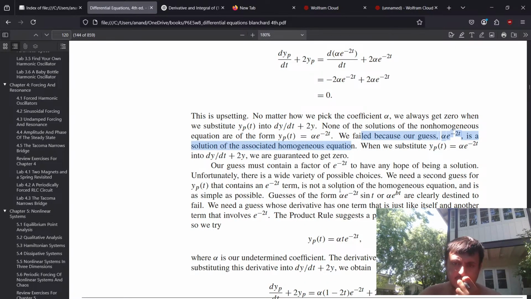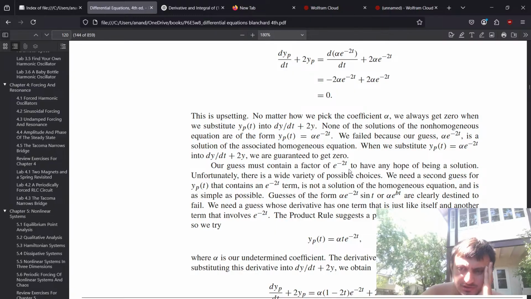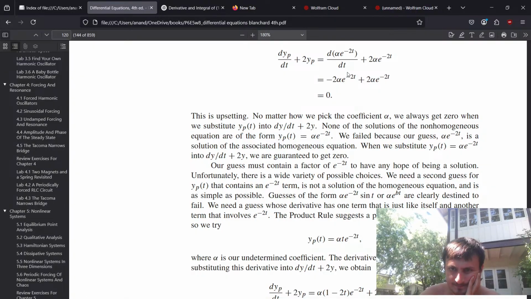Our guess must contain a factor of e to the minus 2t to have any hope of being a solution. That I kind of get because it's on the right-hand side. Right?